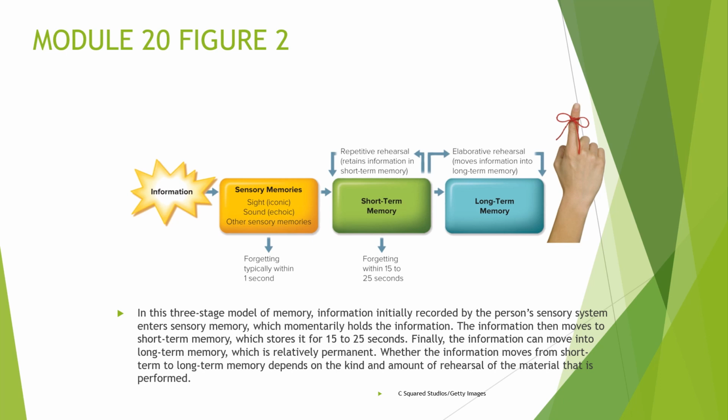Maybe through repetitive rehearsal: you repeat the information over and over again, it then gets into long-term memory, and from long-term memory, it is there to stay. So you have this 3-stage model: sensory memory, short-term memory, and long-term memory, and these go from one to the other.